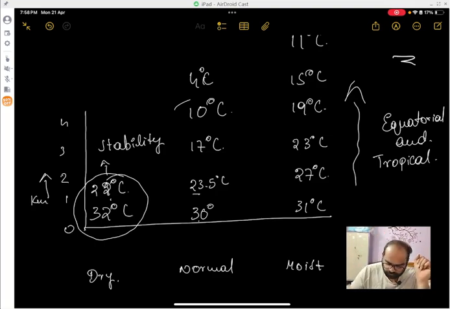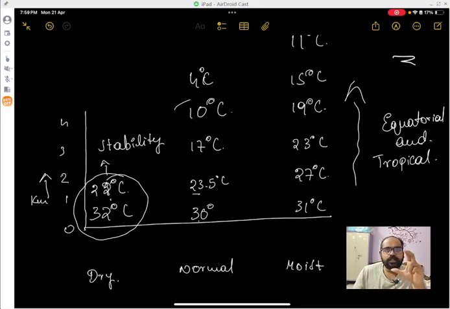As we move from the equatorial to the tropical and subtropical region, the moisture content in the air decreases, it attains stability much faster, and the rainfall also decreases.